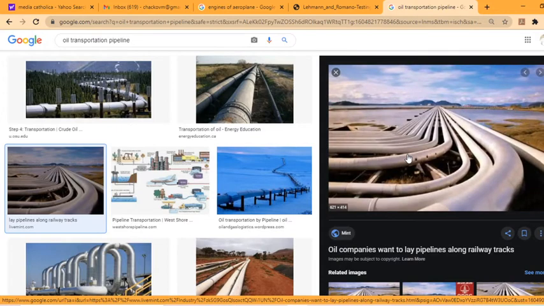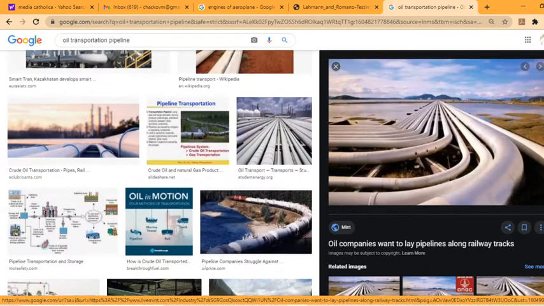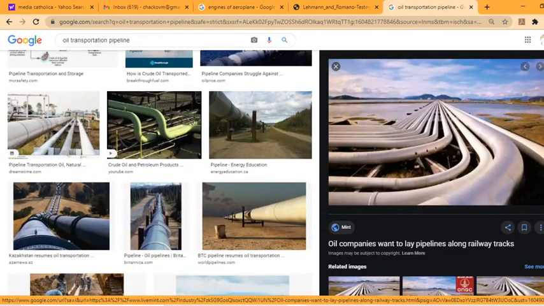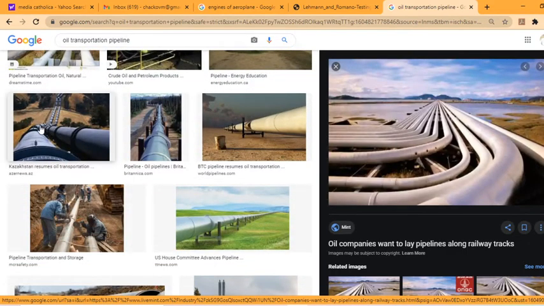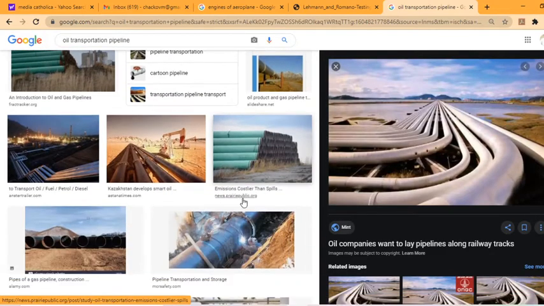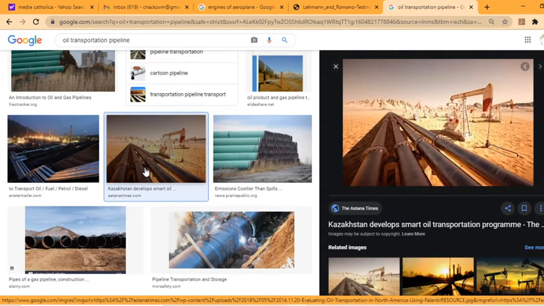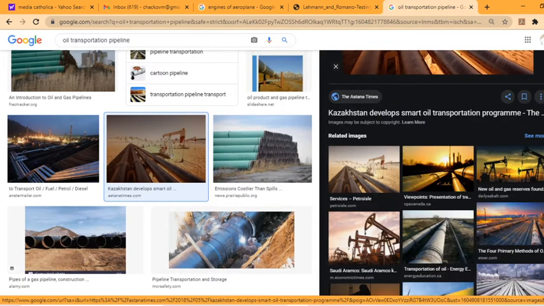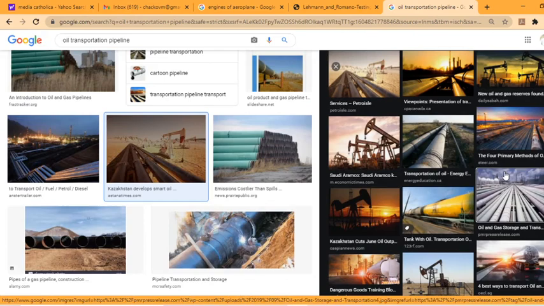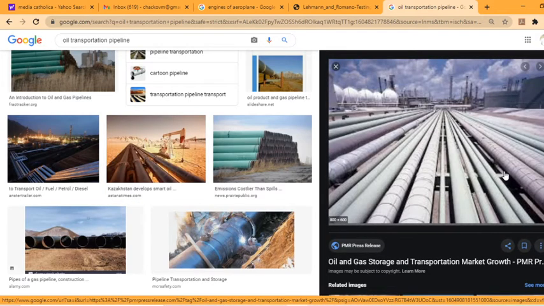In Gulf countries, you can see the oil transportation system like this. There are two pipes, and you can see several pipes going parallelly like this. This is an oil transportation system.